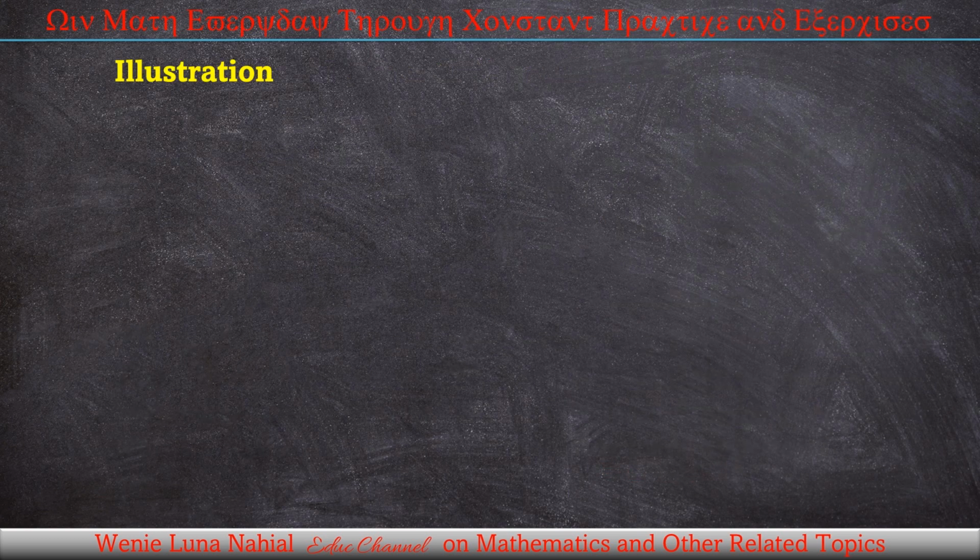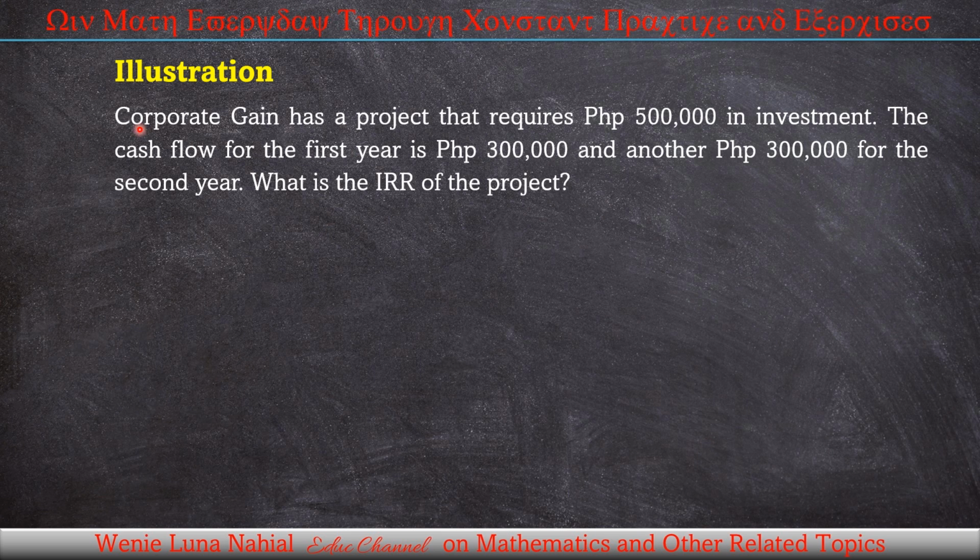Now let's have the illustration. A corporation has a project that requires 500,000 in investment. The cash flow for the first year is 300,000 and another 300,000 for the second year. So this is a 2-year project, and the project requires 500,000 pesos.